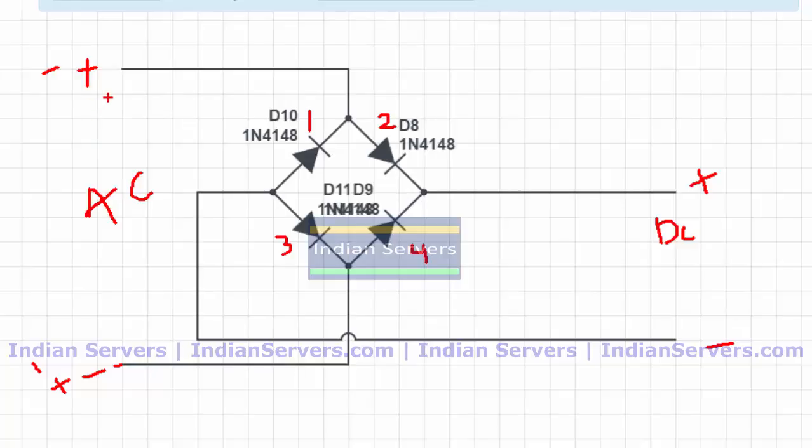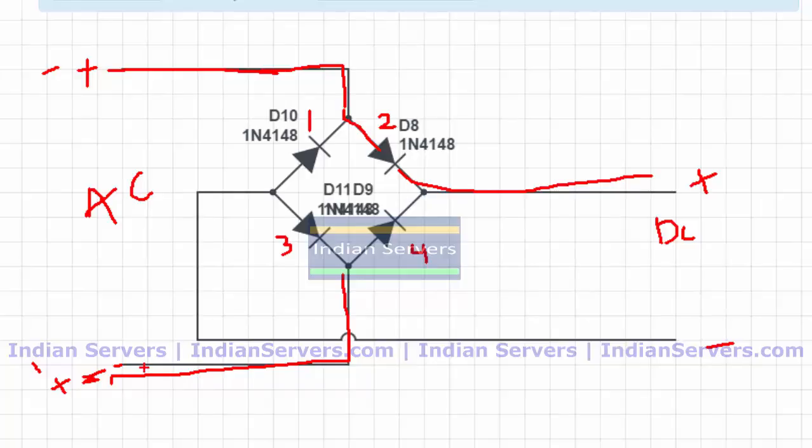So let us consider a case for first time. At any instant, this positive is connected to the rectifier circuit and this negative is also connected to the rectifier. At this point, this diode 2 will accept the current because positive is connected with the positive, and finally here we will get positive.